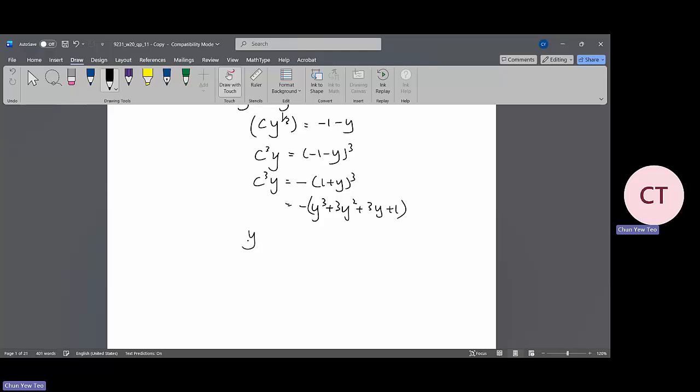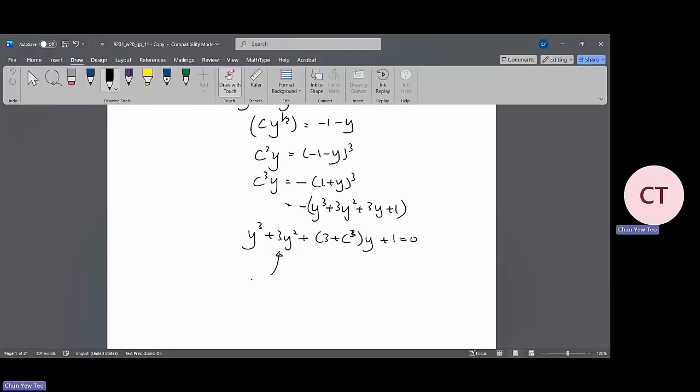And we want to make the highest power positive. So I will get y cube plus 3y squared plus (3 plus c cube) y plus 1 equal to 0. So from here, this is the new cubic equation where the roots are alpha cube, beta cube, and gamma cube.